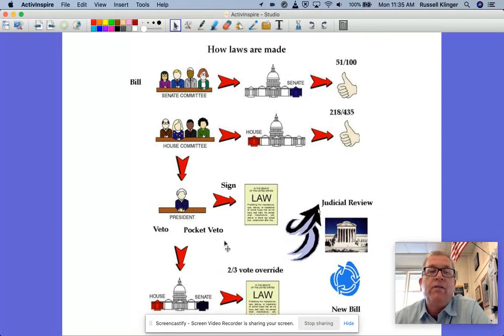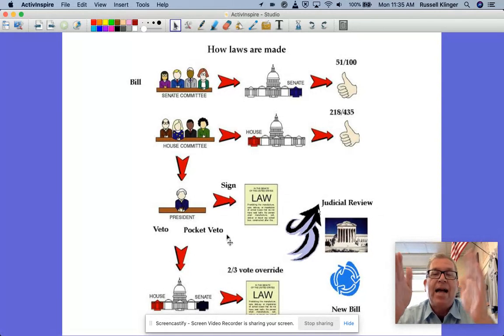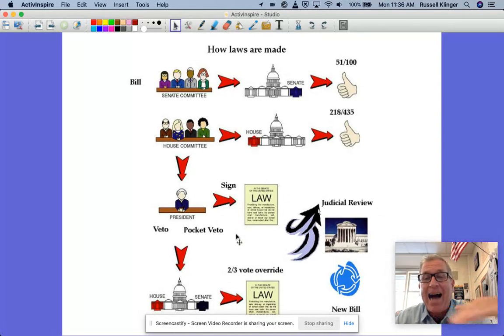And that's called a pocket veto, because there's a certain amount of time that a president has to sign a proposed bill from Congress. And if they wait beyond that time, that's called a pocket veto, and it's like they didn't sign it. Okay? What happens then? Well, in many cases, it may die there. It's called dying, D-I-E.